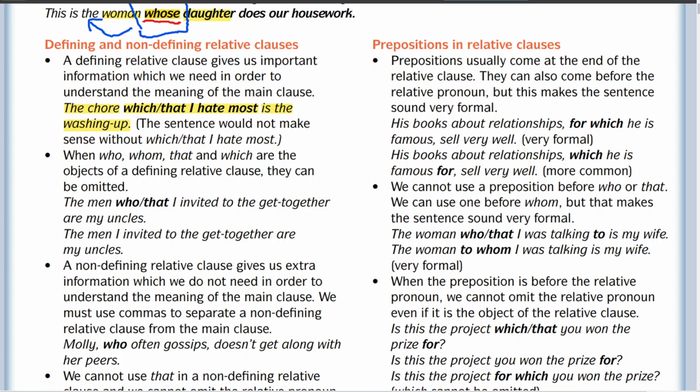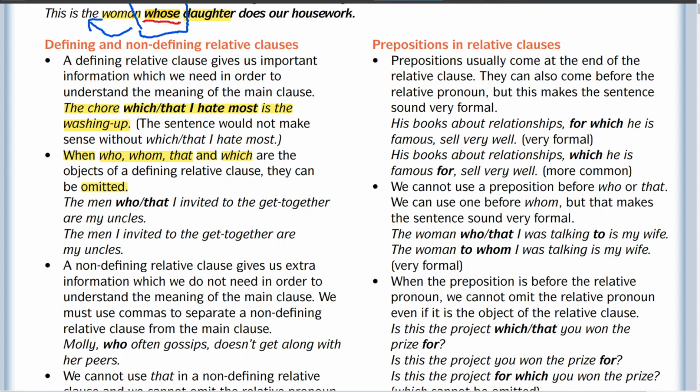Okay. And this note here, when who, whom, that, and which are the object of a defining relative clause, they can be omitted. Omitted ni maksudnya boleh dibuang.